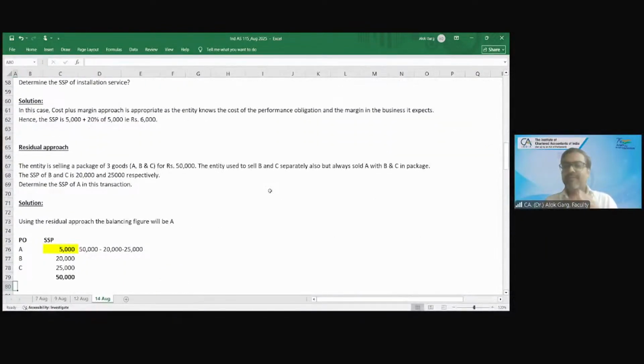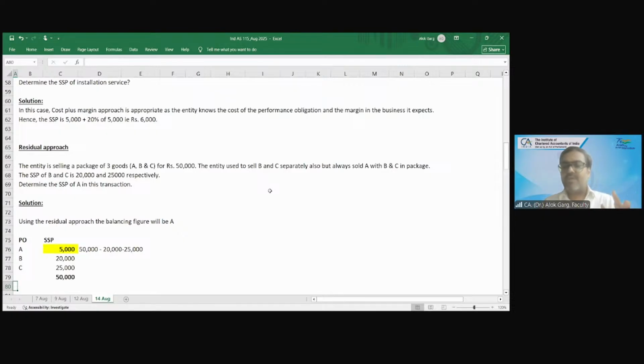Yeah. So adjusted market assessment approach, cost plus margin approach, and residual approach, of course. You have explained beautifully that first we need to identify the standalone selling price. When we know the standalone selling price of the performance obligations, we need to allocate the transaction price in the ratio of those standalone selling prices. But if we don't know it, we need to estimate it, and there are three methods of estimation.